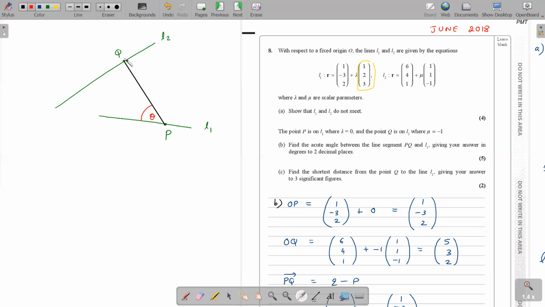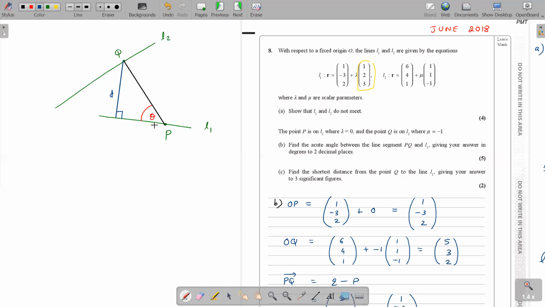So all you have to do is, from point Q, construct a perpendicular to line 1, giving your answer to 3 significant figures. So then the shortest distance here, this is D, the shortest distance from Q to line 1.